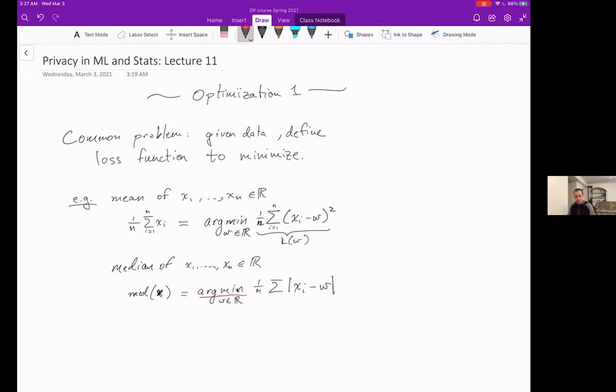So the minimum of this loss function up here would be some kind of approximation to the variance of the x's. But when I write argmin, what I'm saying is I want the value of w that minimizes this expression.